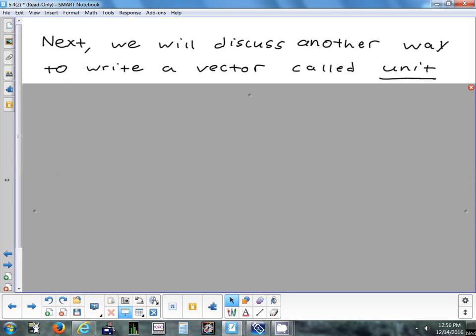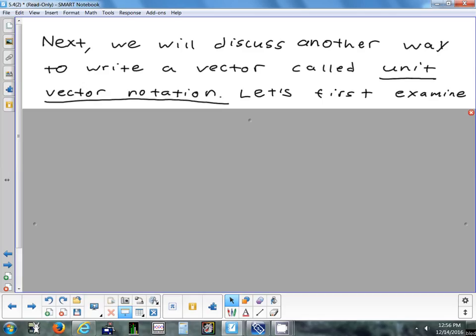That way of writing a vector is fine, but it's not the most common way. The last way that we're going to look at for writing a vector is called unit vector notation. I brought up that term yesterday, unit vector. Does anybody remember what that means?